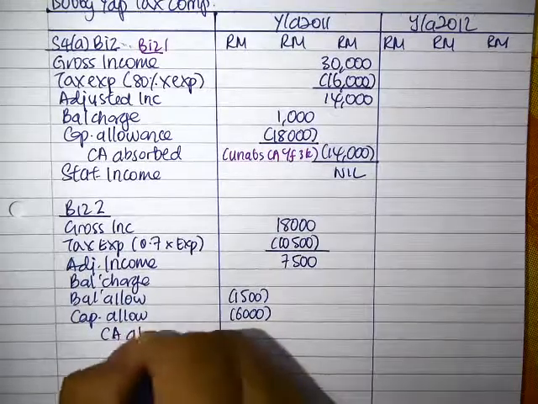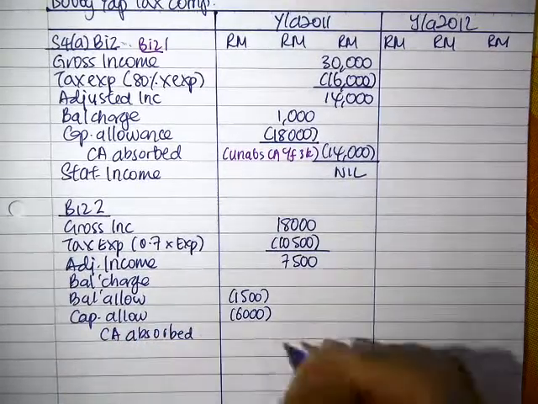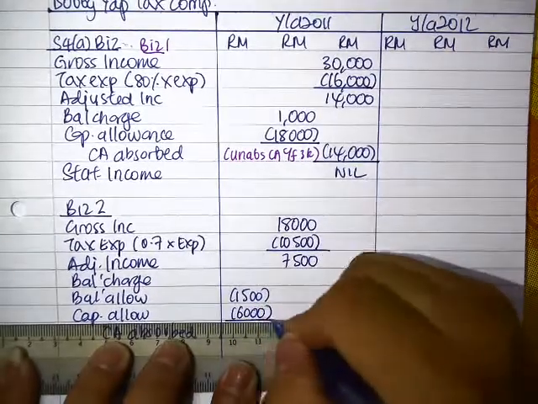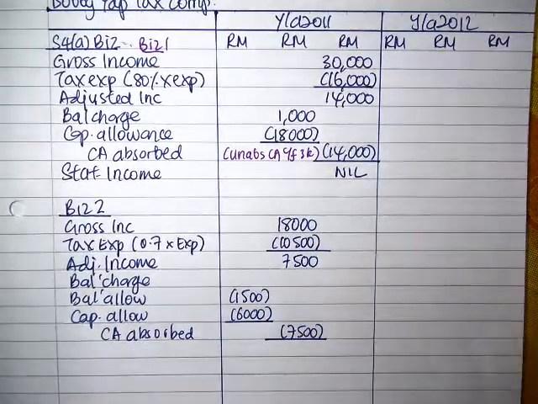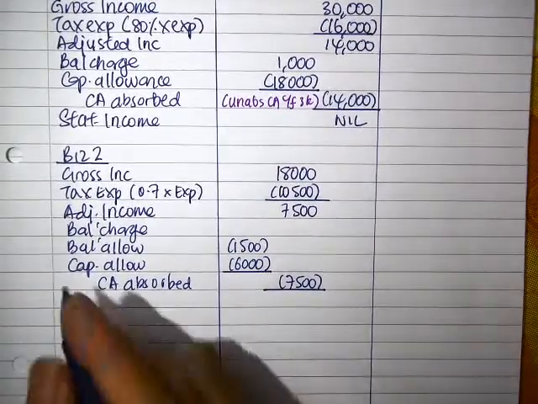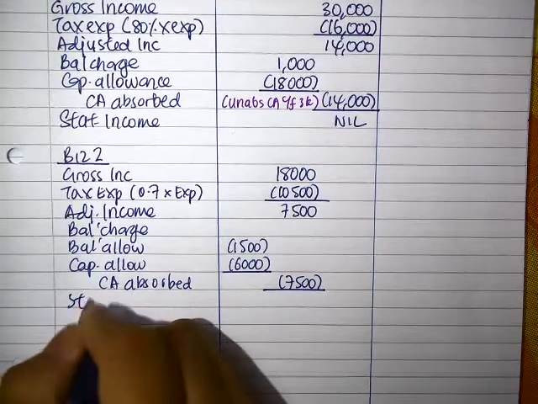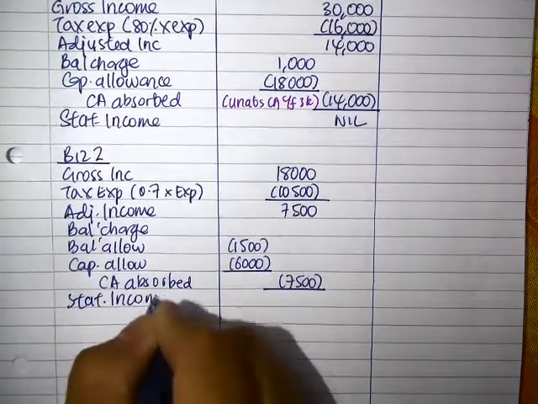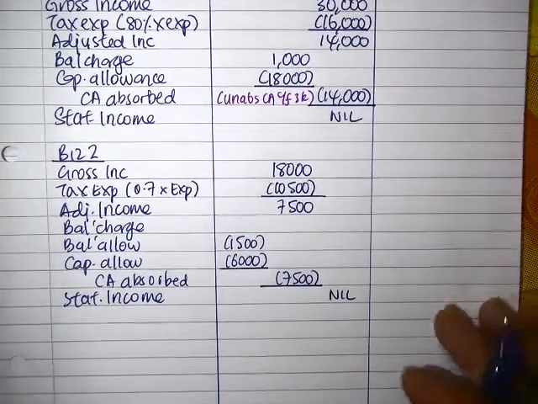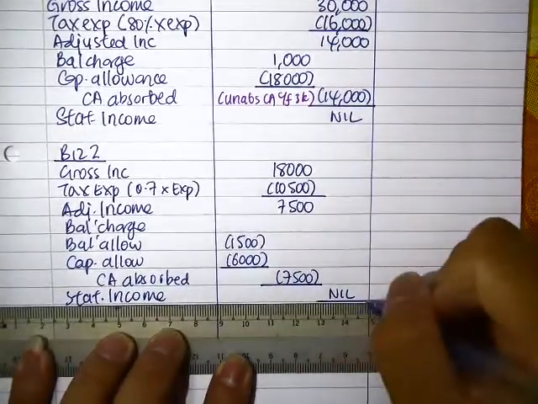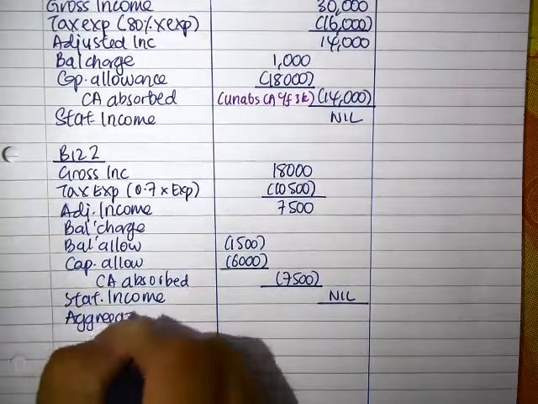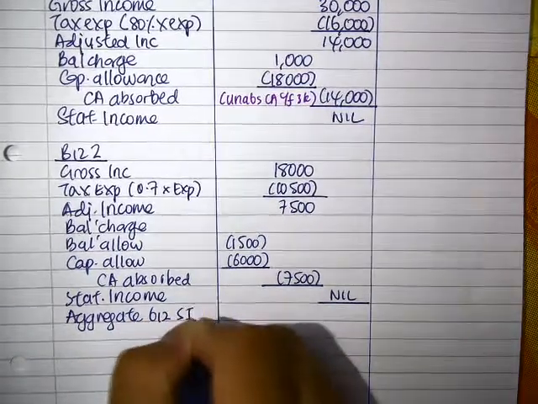So the CA absorbed will be exactly 7.5, the amount of income that we have here. Statutory income is nil. Having two business statutory incomes, just combine them; that's the aggregate business statutory income.